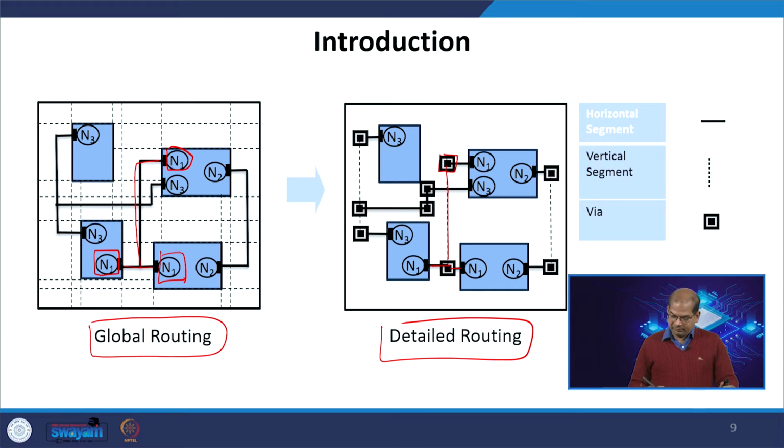So, here let us say my metal 1 is, if I assume, horizontal and metal 2 is vertical, then the via will be metal 1 to metal 2 via. So, this black solid line is basically the metal 1, and the dotted dashed line is basically your vertical metal or the metal 2, and the via is between metal 1 and metal 2.